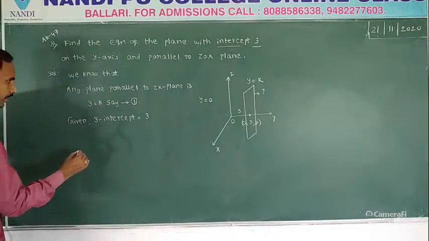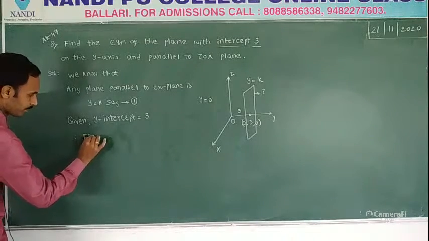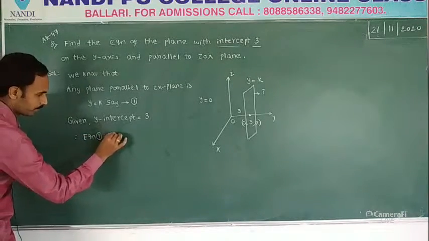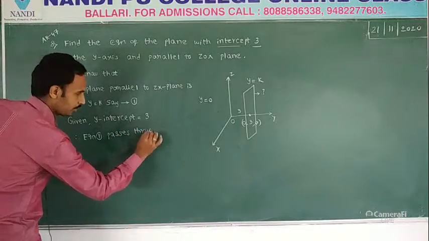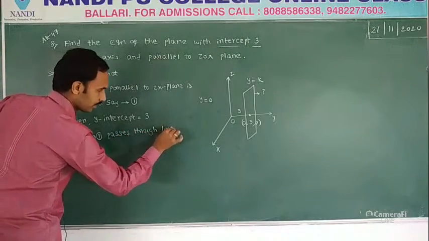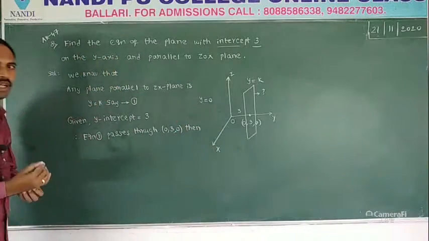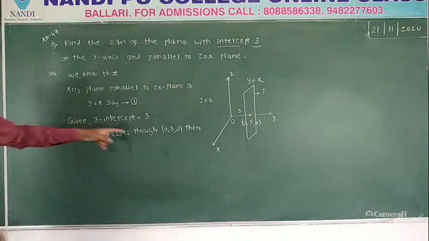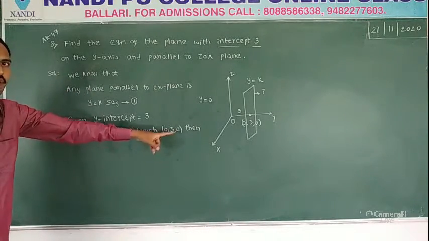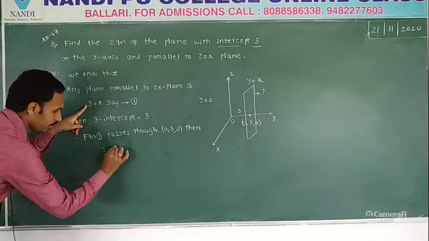Therefore, equation 1 passes through 0, 3, 0. If you observe the figure, the plane is passing through that point. Substitute that point in the plane equation: in place of x 0, y value 3, z value 0. Only y is there. So, 3 is equal to k.